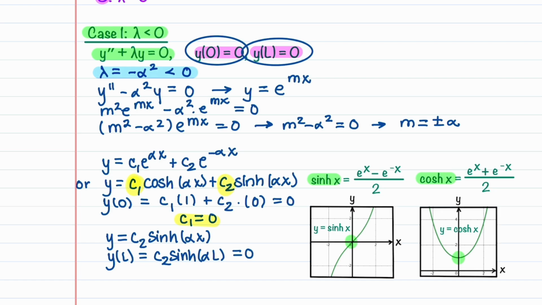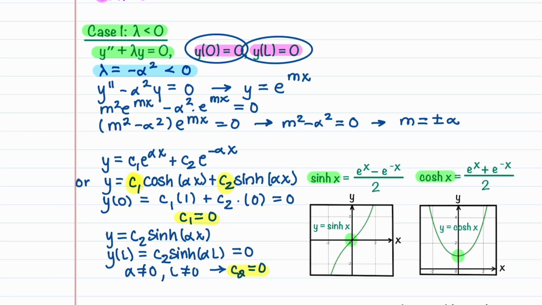So this means that alpha cannot be equal to 0. And we know that L is the right boundary point, and that also is not equal to 0. So the only solution to this is that C2 has to be equal to 0. And this gives us the solution that y of x is equal to 0.